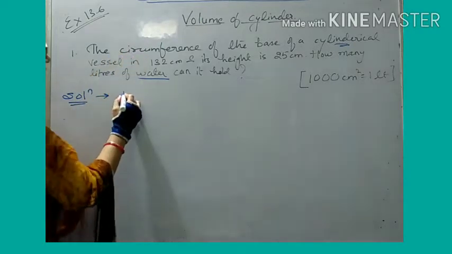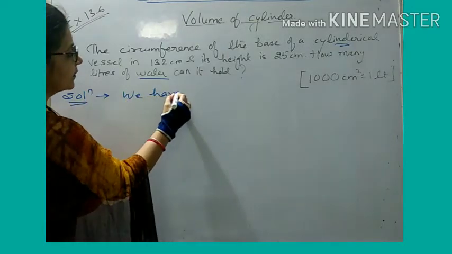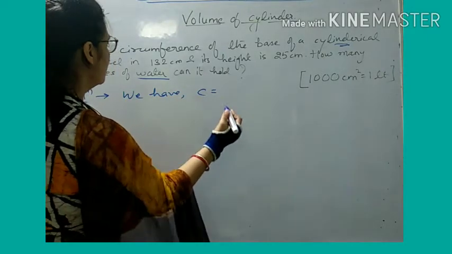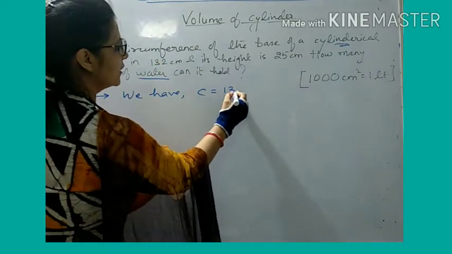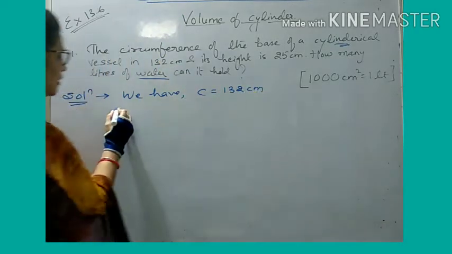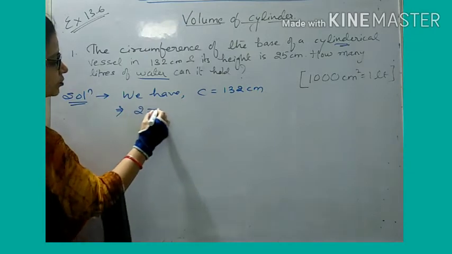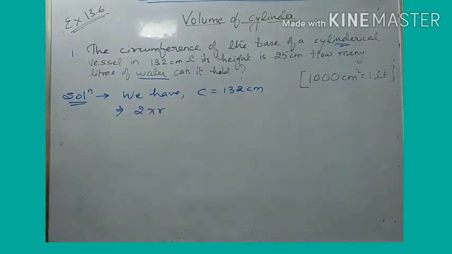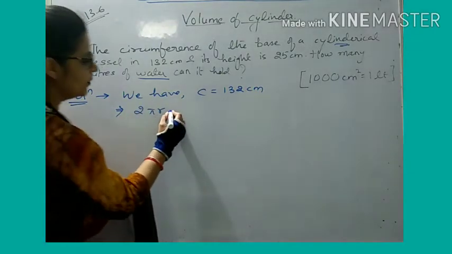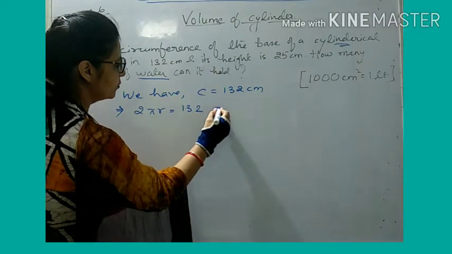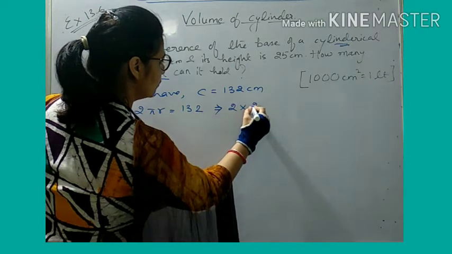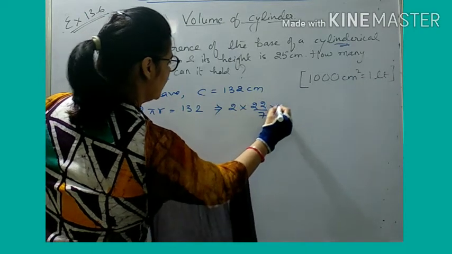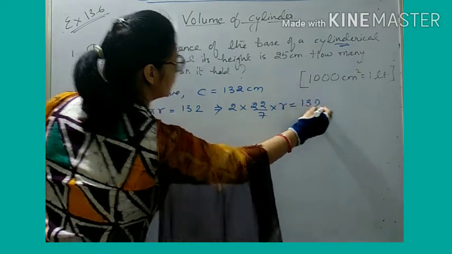Now, what is given to us? We have the circumference of the base of the cylindrical vessel is 132 centimeter. So, what does this imply? 2 pi r. Circumference of the circle is 2 pi r. So, 2 pi r equal to 132. So, this implies 2 into 22 by 7 into r equal to 132.